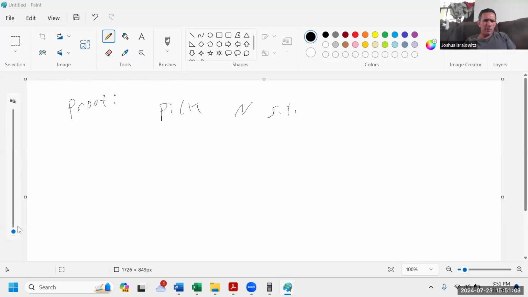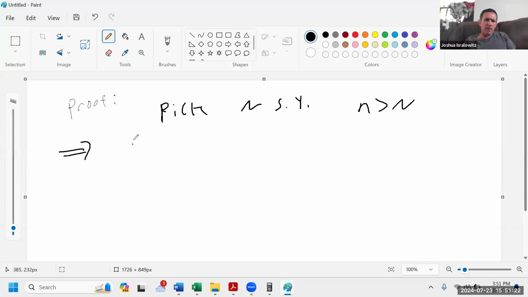This thicker is much better. So use the definition of convergence: n bigger than big N applies. Anything, literally anything works here. Let's do 1.